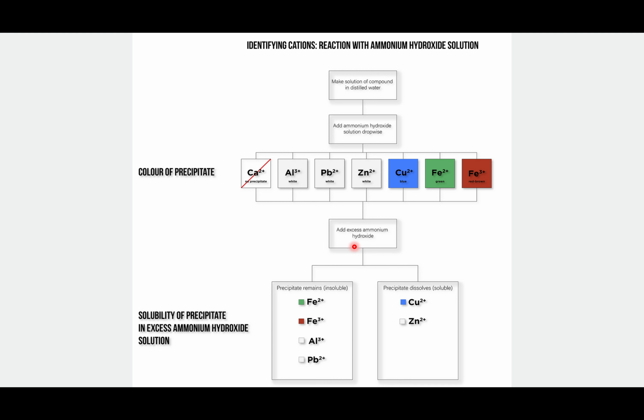And then in excess now, the iron precipitates will remain insoluble, and the aluminum and lead will remain insoluble as well. Our soluble ones would be copper and zinc. So this is how we distinguish between zinc and aluminum.